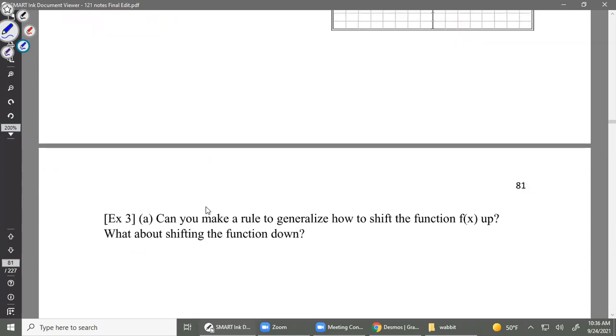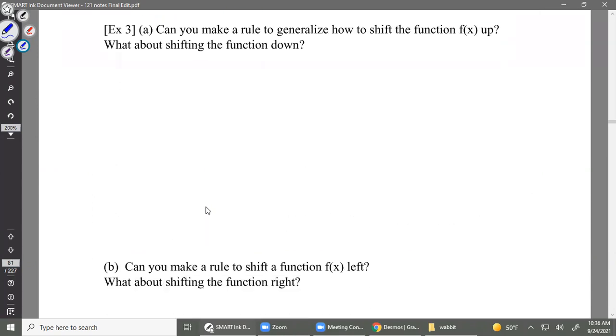All right. Example 3 is pretty much making some rules to generalize these. If I want to shift a function up, using function notation, I can say this is f of x plus some a, and I'm moving it up a units.